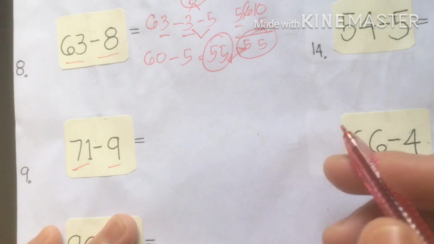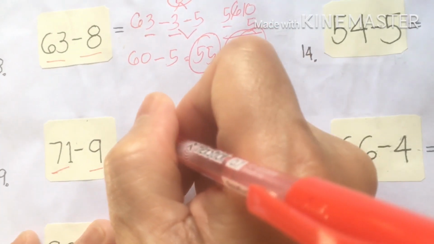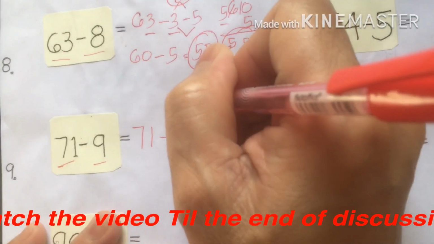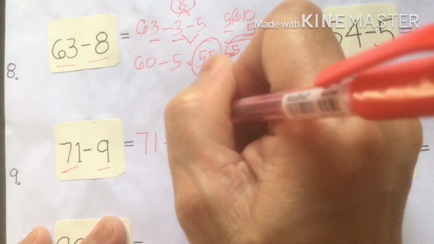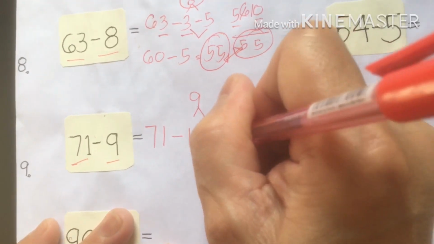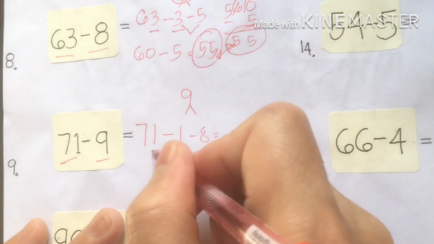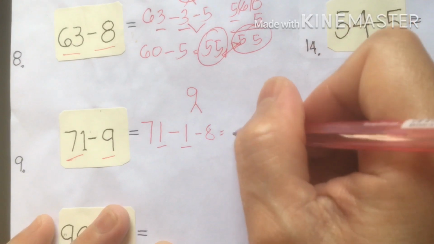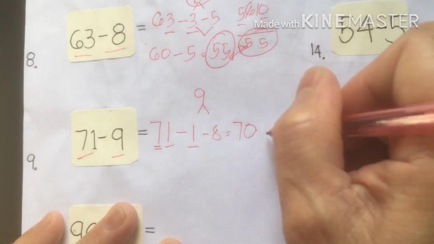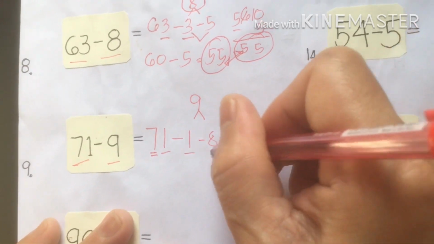So we have first here 71 minus, break number 9. We're going to break 9, so we have 1 and then 8. So 1 minus 1, actually that's 0. So first I'm going to write 7, then 0, 70 minus 8.